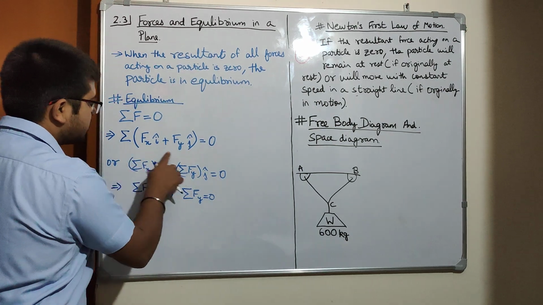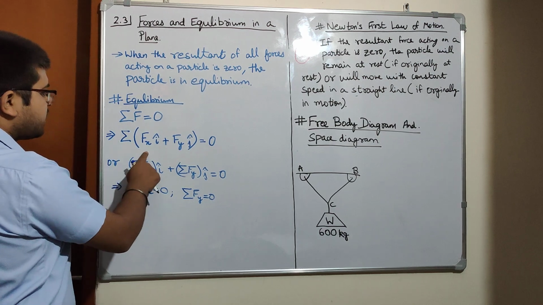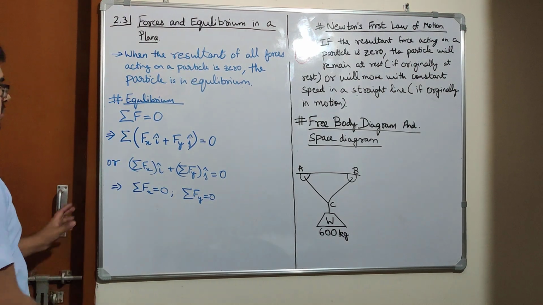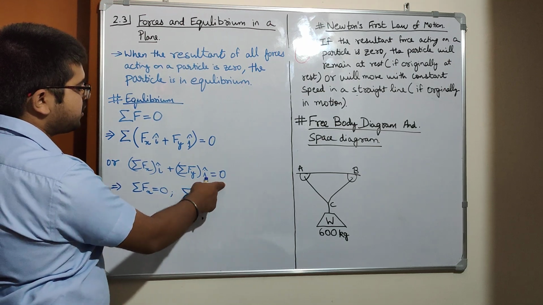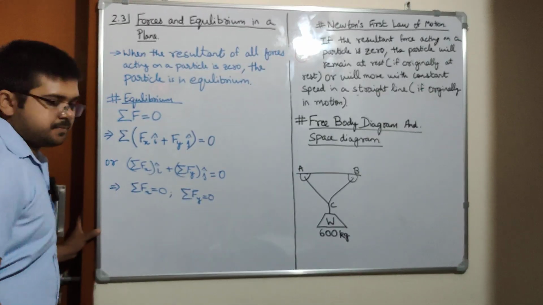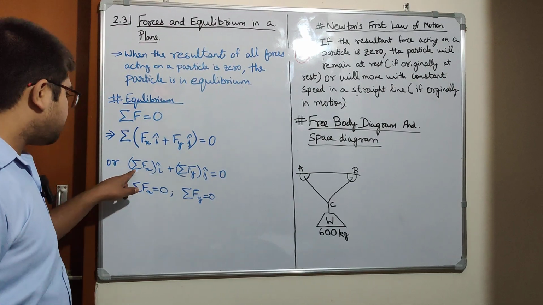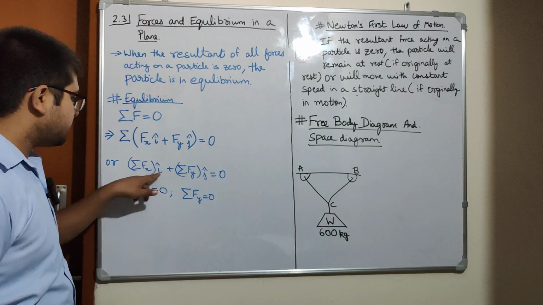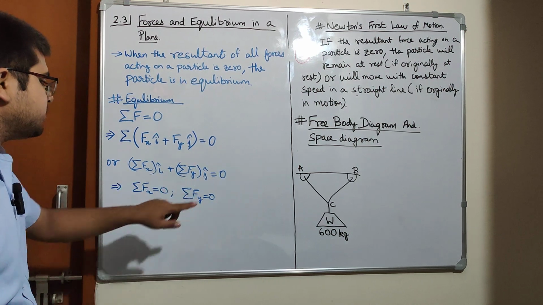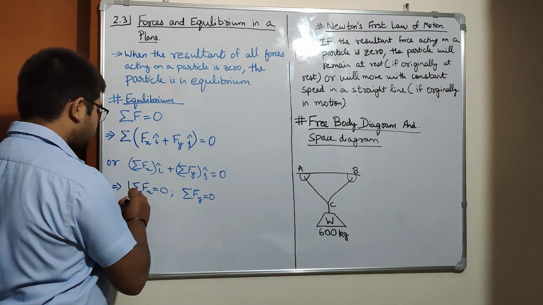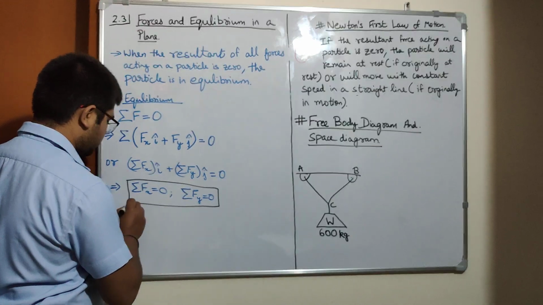So all this is equal to 0. Then if we take the summation inside, we get summation Fx i cap plus summation Fy j cap equals 0. So this implies that summation Fx must be 0 and summation Fy must be 0. Now this is the relation that we have to remember to solve equations.